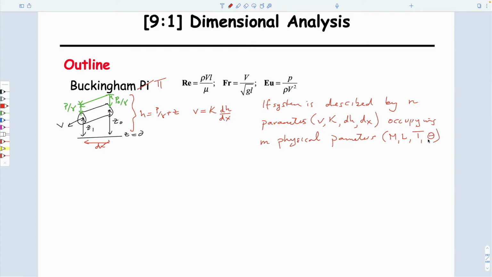In your book they use theta for temperature. Then the system is described by n minus m dimensionless parameters.